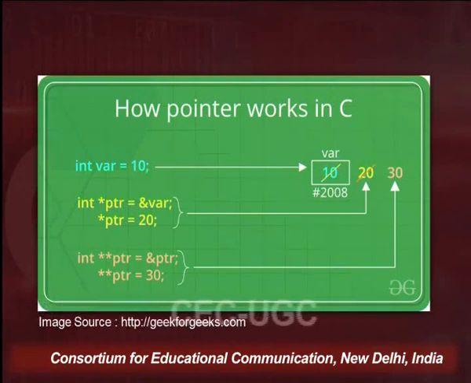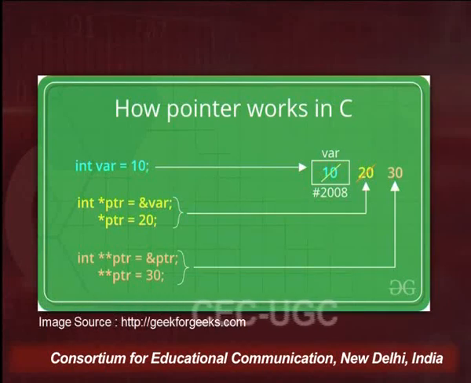Now whenever I say asterisk PTR is equal to 20, I am using another new operator, which is the asterisk operator. So asterisk exactly means value at. Asterisk PTR is equal to 20, you can read as value at PTR equals 20. What is the value of PTR?